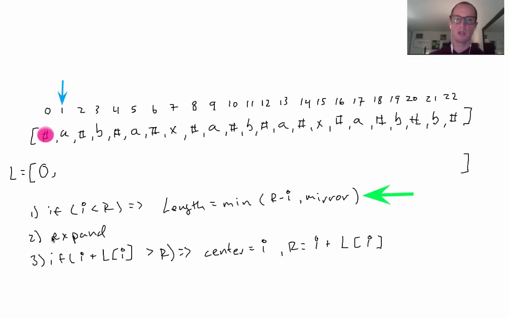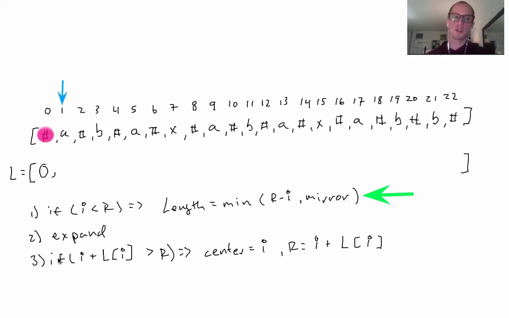And then finally, we need to check to see if the current palindrome that we just measured expands beyond the right barrier, then we need to reassign the center. So just follow along with this algorithm and try to follow along with what's happening, and I think you'll start to understand how this algorithm works.